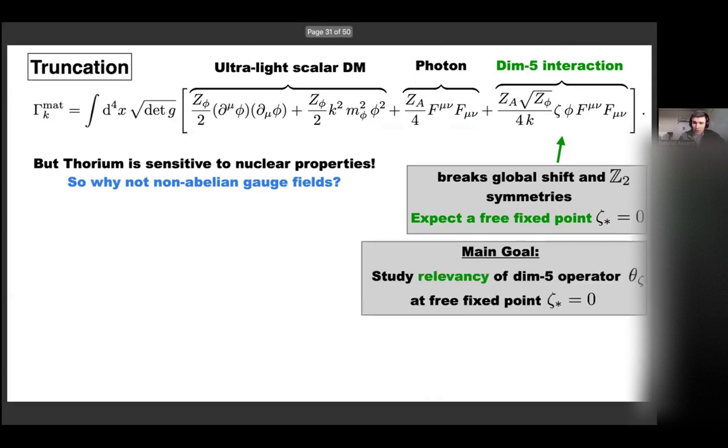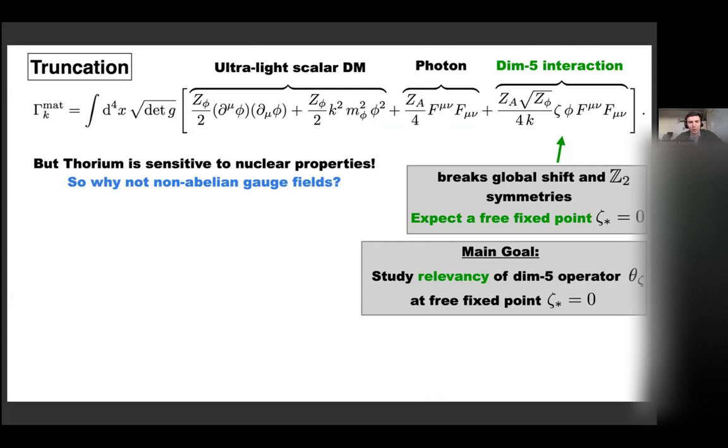And actually the main goal of the paper and what we achieved is that we wanted to study the relevancy of the dimension 5 operator, or the critical exponent, at the free fixed point. So yes, because this is helping us make predictions for this coupling.